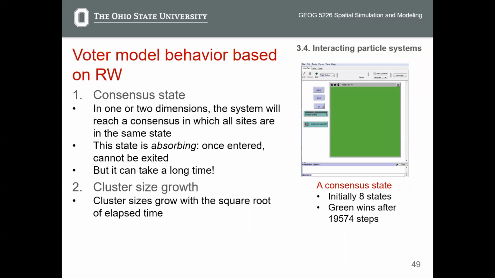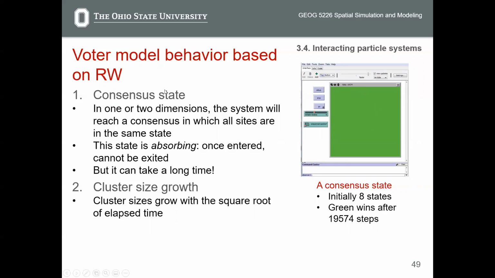For example, consensus state. In one or two dimensions, the system will reach a consensus in which all sites are in the same state, which means that, for example here, initially there were 8 states, and after maybe a very long time, there will be only one state.